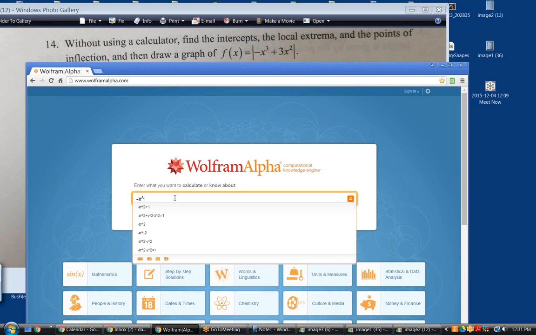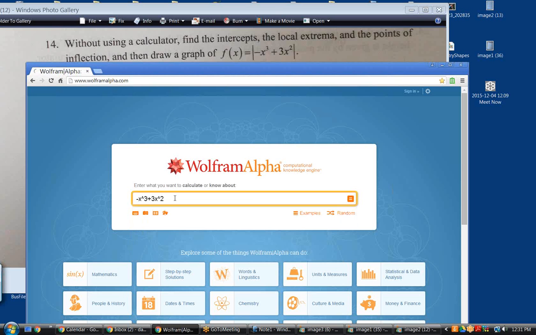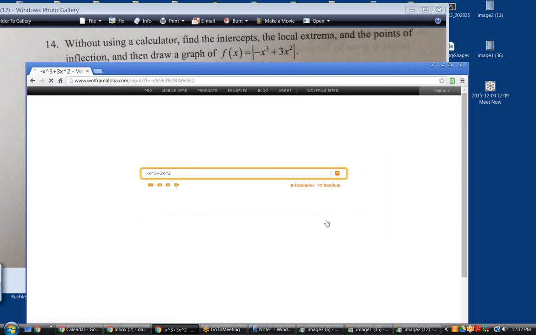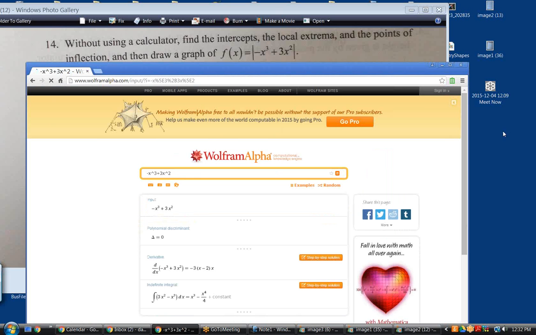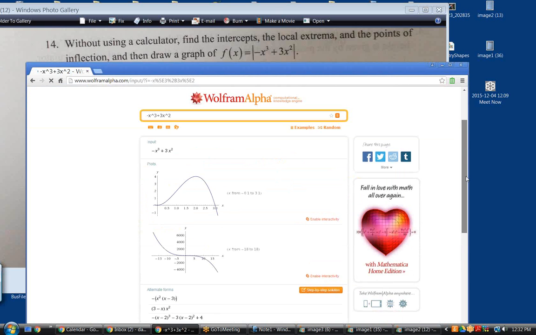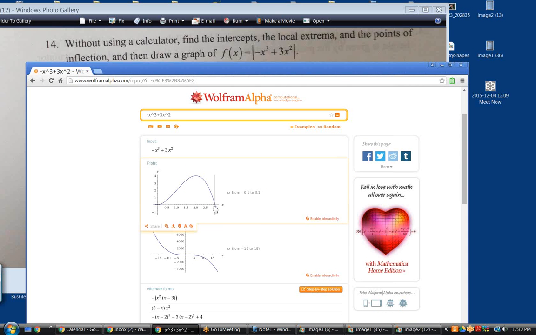Minus x cubed plus 3x squared. So, notice what's happening. I get it now. When I plot the absolute value of this function, right there we have a reflection of everything below the axis.